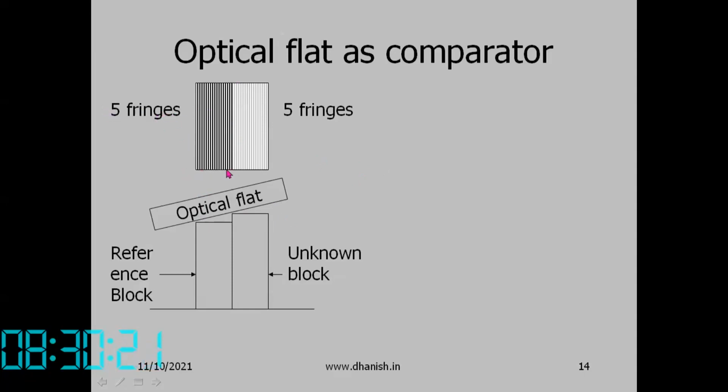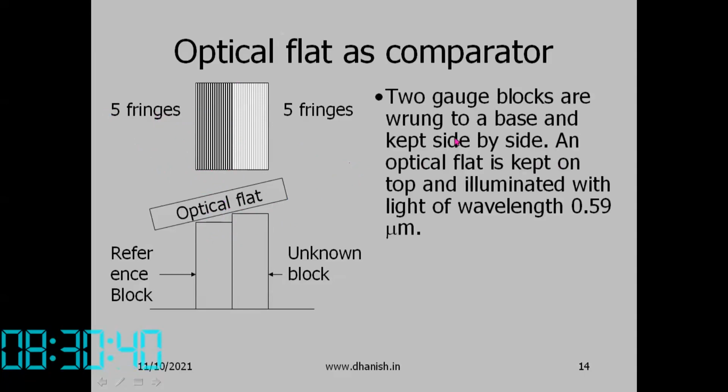If there are five fringes between this point and this point, that means the height difference here will be 5 lambda by 2. This part we don't have to see. Over the reference block, this is 5 plus. Two gauge blocks are rung to a base and kept side by side.